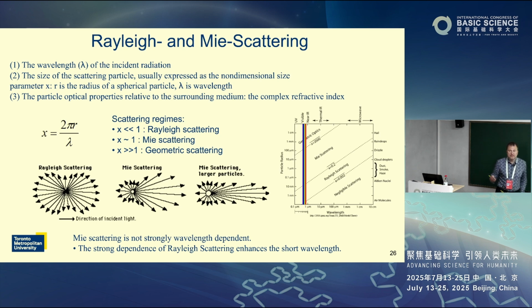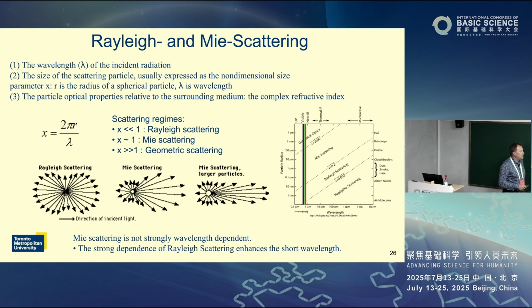So that's why blue light is scattered much more than red light. When the X factor is about 1, we deal with Mie scattering.